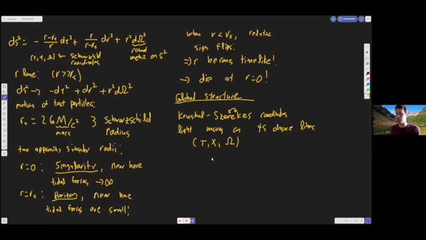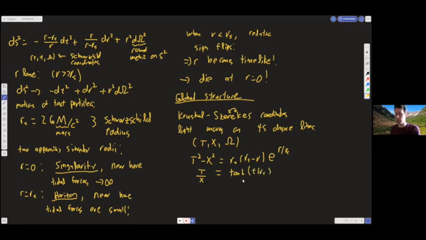And then the relationship between them is like this. We have T squared minus X squared equal to rs times (rs minus r) times e to the r over rs. And then we have T over X equals the hyperbolic tangent of t over rs.